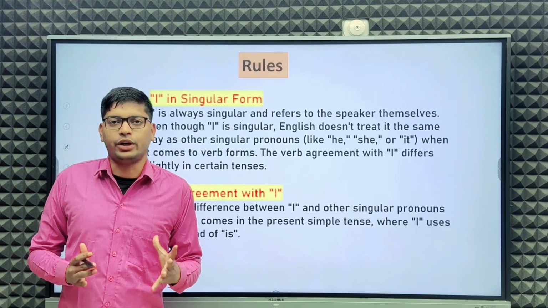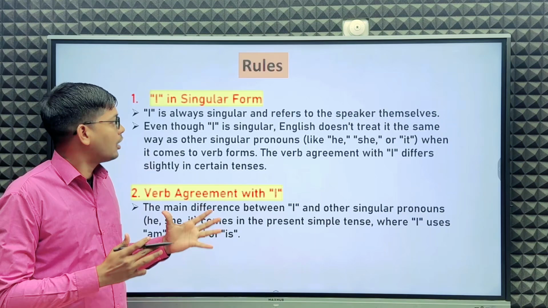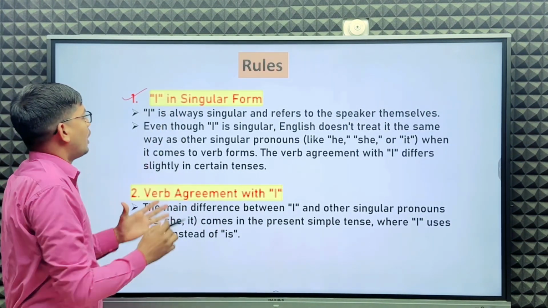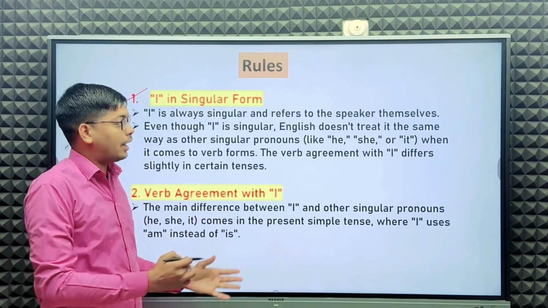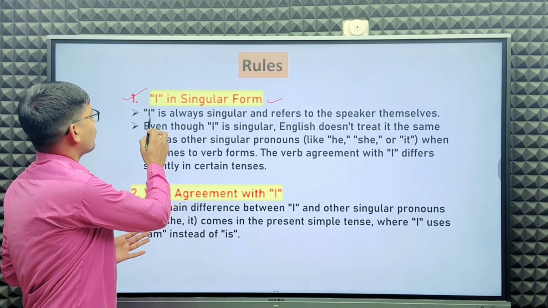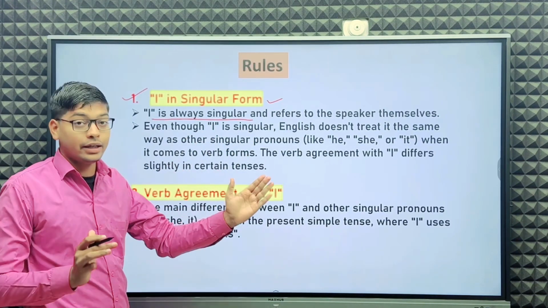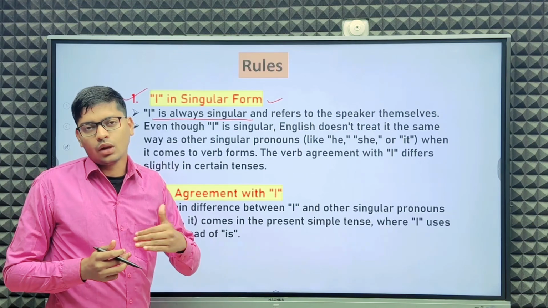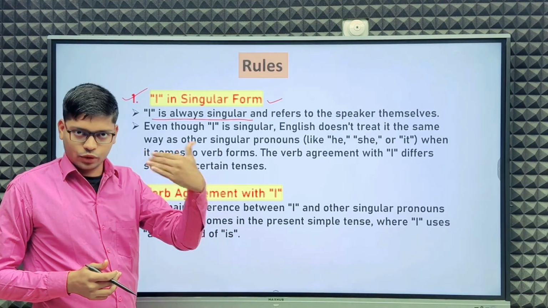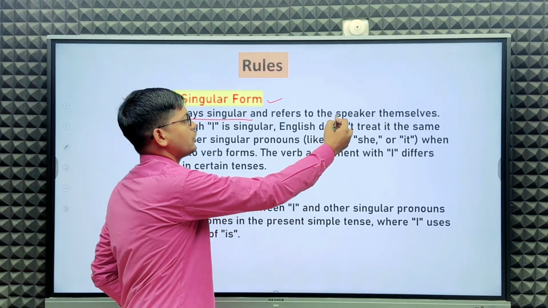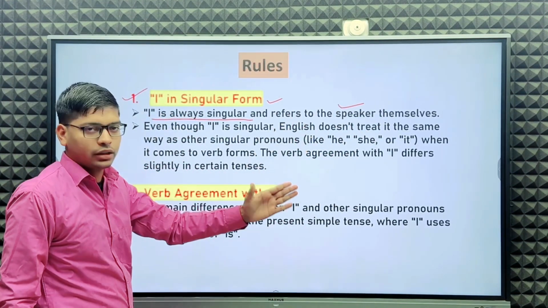So our first point here, we will learn the rules about "I". The first rule is "I" in singular form. "I" is always singular, and it comes with singular verbs, referring to the speaker themselves.